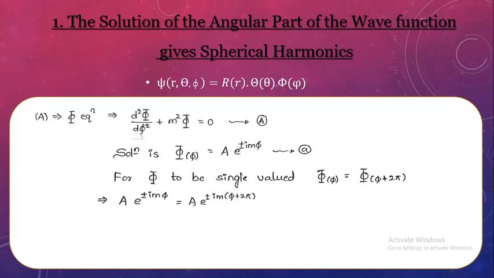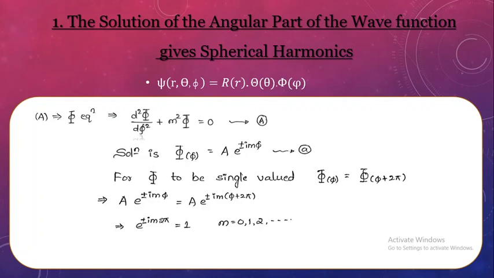When you solve it, A and A cancel out, exponential of plus or minus i m phi cancels out, and we are left with exponential of plus or minus i m into 2 pi is equal to 1. And it is in the form of e raised to i theta, which is cos theta plus i sin theta, or else e raised to minus i theta, which is cos theta minus i sin theta.